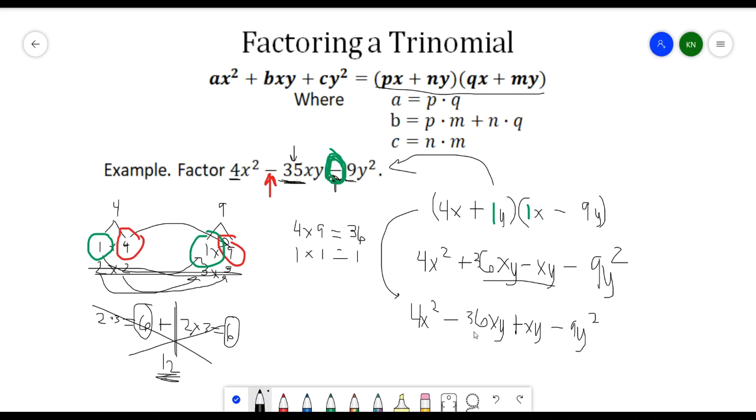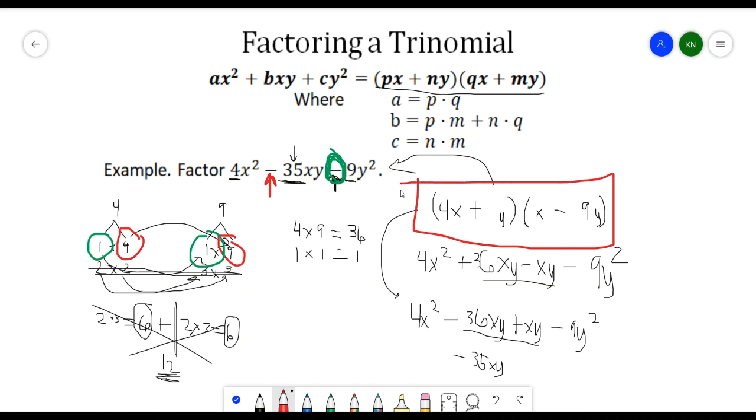Now, if you combine this, negative 36 plus 1 is already negative 35xy. So meaning to say, we already got the correct factor of our expression, which is this one. So this is now our final answer.